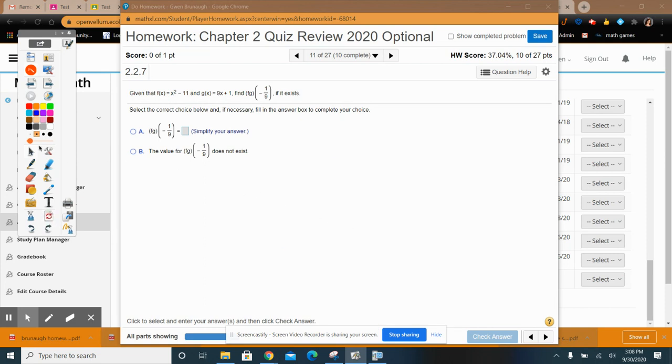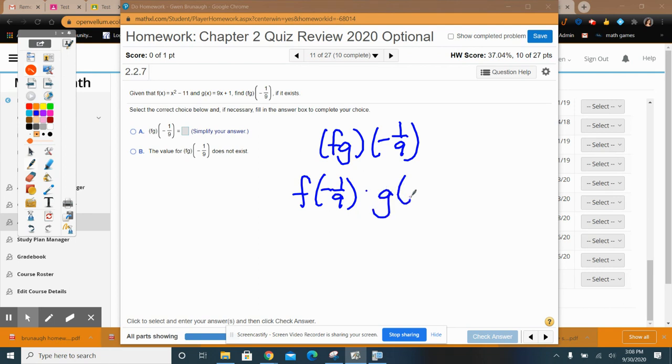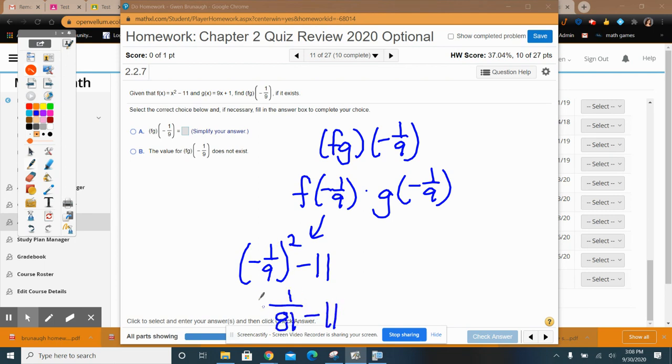How about this one? f times g of negative 1/9. This is the same thing as f of negative 1/9 times g of negative 1/9. Now, when I do f of negative 1/9, it's a little bit tricky. It's not hard, but it's negative 1/9 squared minus 11. You would square the top and square the bottom. That's 1 over 81 minus 11, which is kind of not nice.